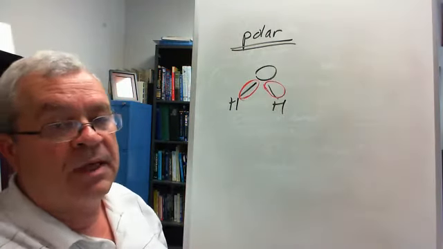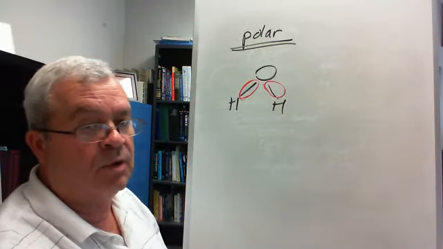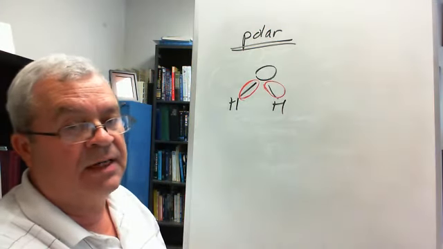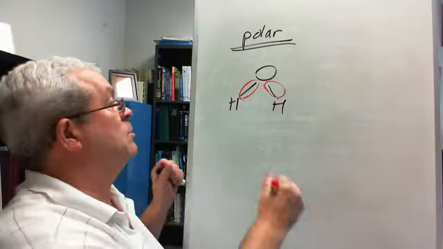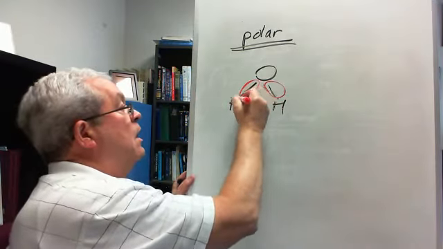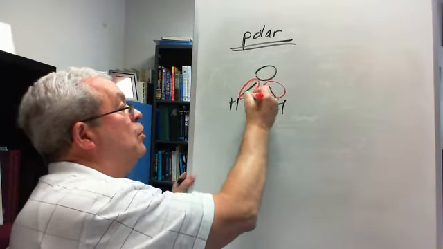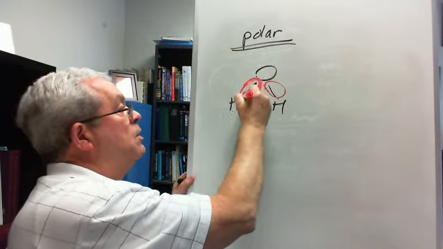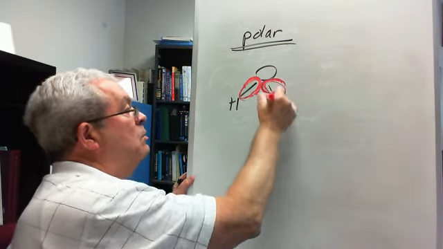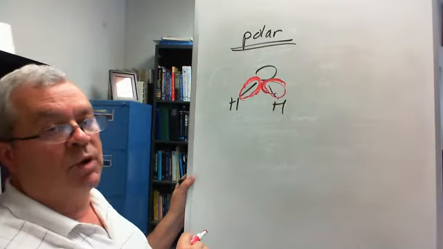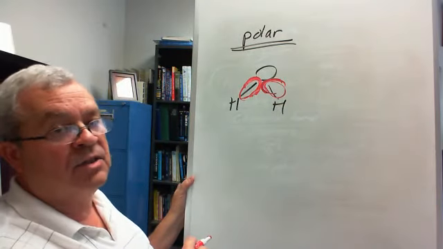But it so happens that oxygen has a much stronger pull, a much greater electronegativity, on electrons than hydrogen atoms. So these electrons are moving around here, but they are pulled much more of the time, or spend more time, you might say, at the oxygen end.